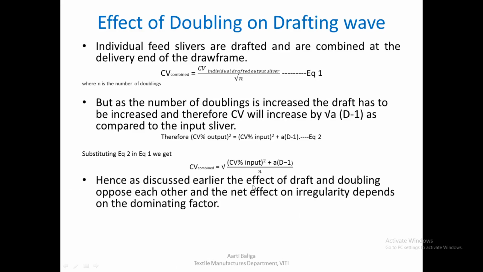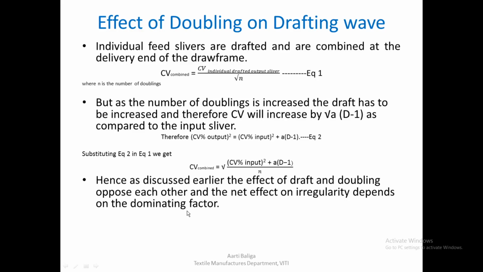Hence, as discussed earlier, the effects of draft and doubling oppose each other, and the net effect on irregularity depends on the dominating factor. That means whether the CV will be influenced by draft, with an increase in irregularity, or by the doubling that we use to decrease the irregularity.